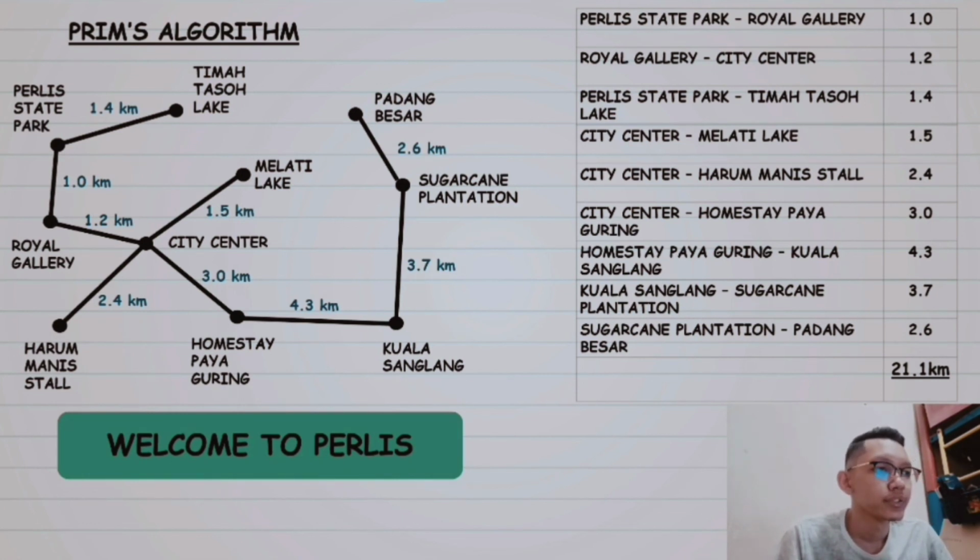So this is the diagram and the calculation, and I made a table for the calculation, and this table contains all the routes that I have chosen, and the distance of every route.